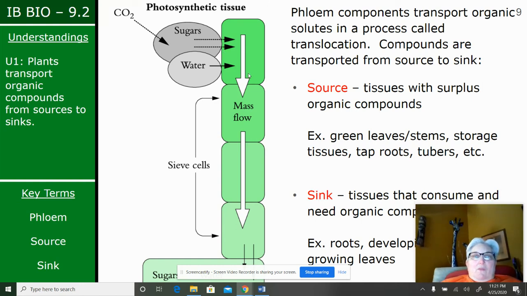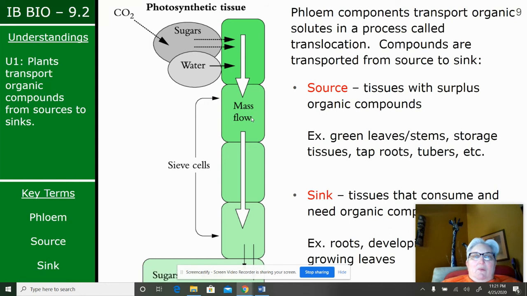So we're looking at flow here. Remember, the xylem is bringing water up in one direction here in this way, and then the water is moving up and it flows back down.